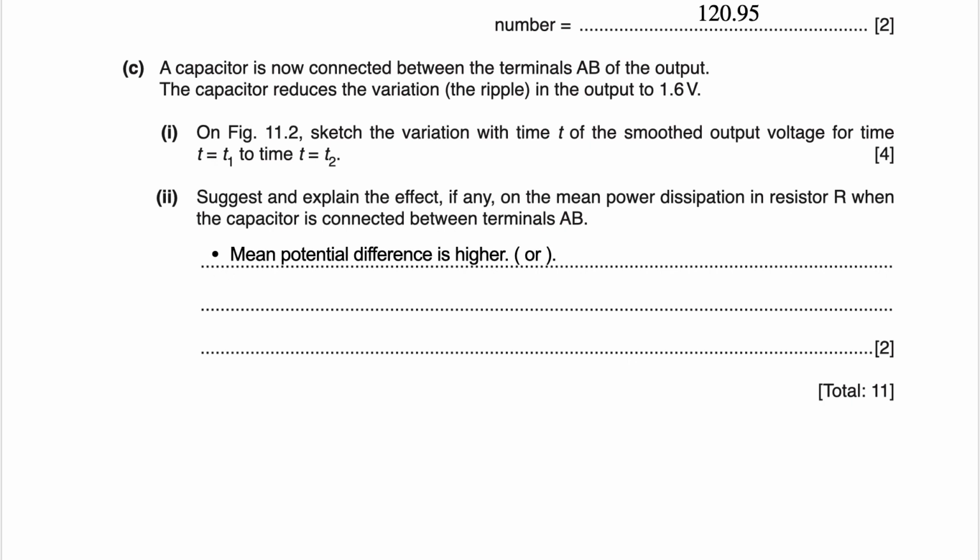The RMS potential difference is higher. Then what will happen to the mean power? It will decrease. I was kidding. It will increase. Yes, we get 11 out of 11.